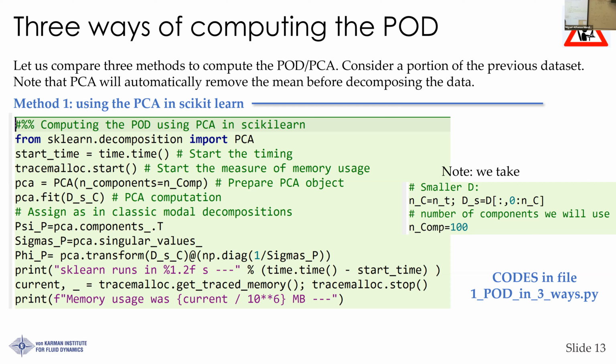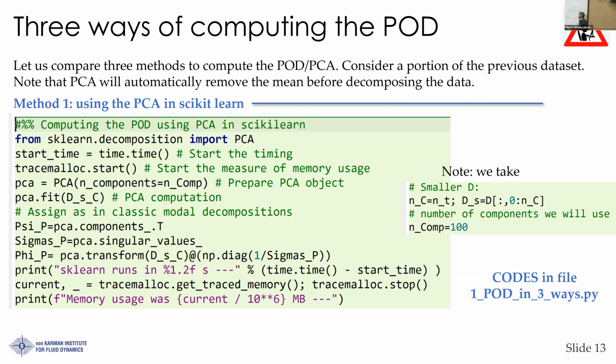This is probably the fastest among all the algorithms. There's one reason why I don't usually use this, which is that this algorithm by default removes the mean of the data set, which is something that I usually don't like to do unless your data set is fully stationary, and it has, in fact, a mean. Okay?